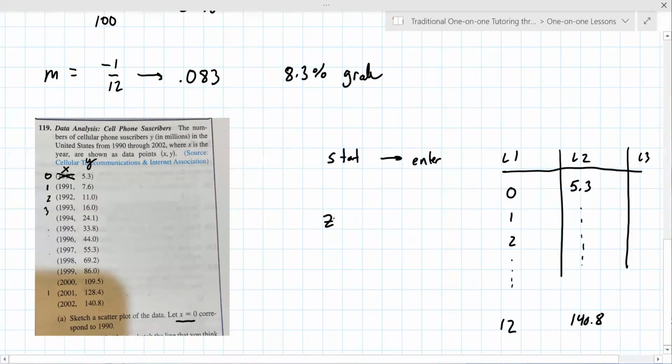And just use the arrows to scroll up and down and see if you can figure out where you missed the data points or not. Oh, okay, I found it. Excellent.